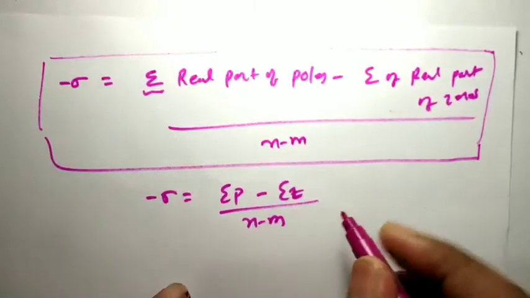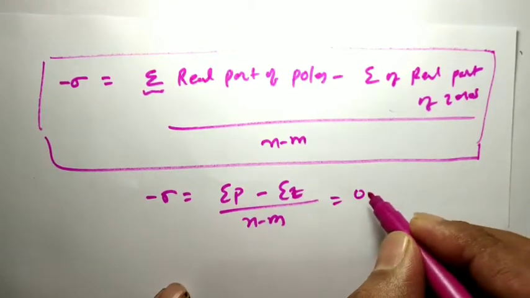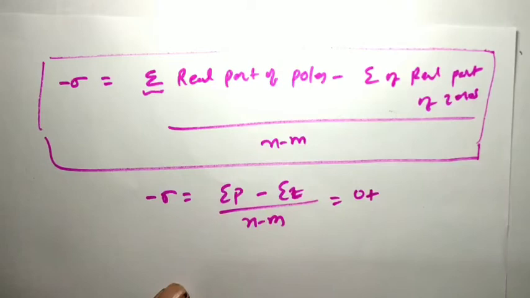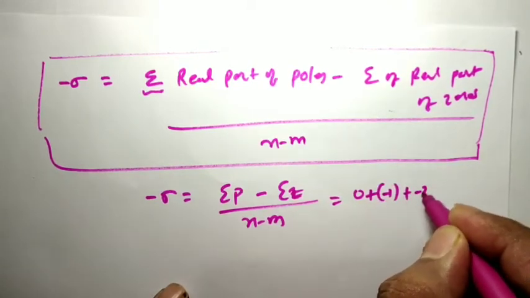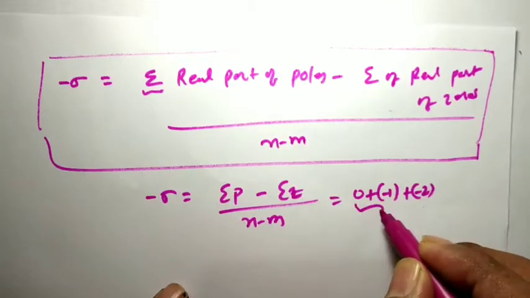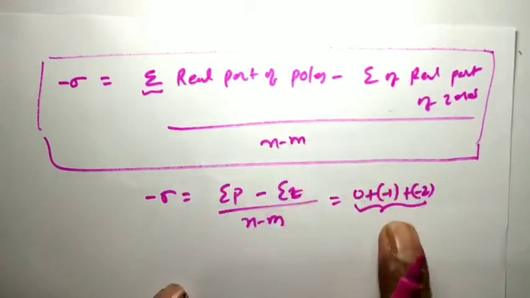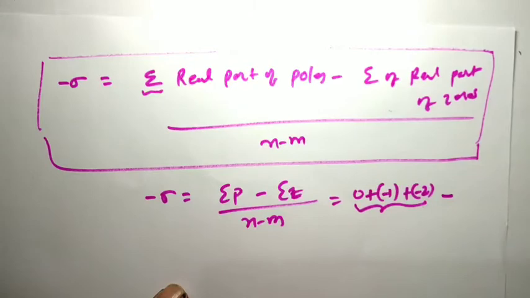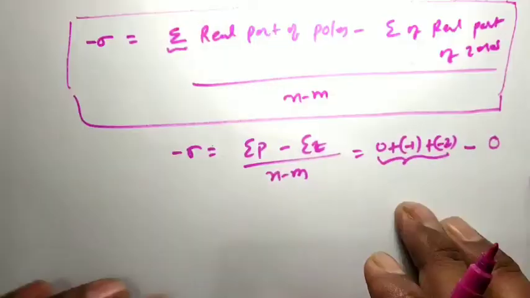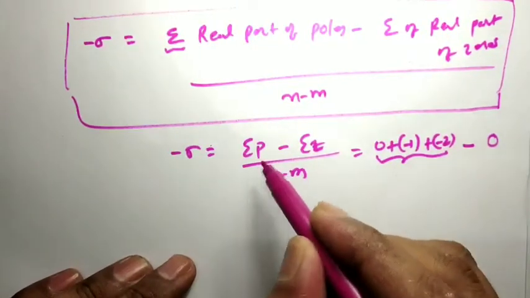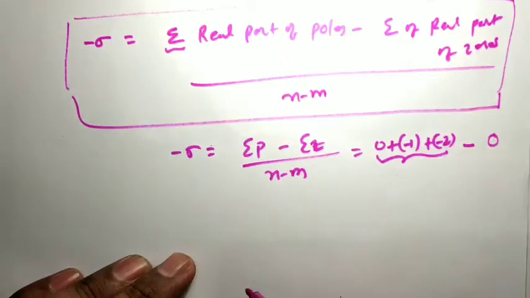Substitute here: first 0, plus minus 1, plus minus 2. This is the sum of the real part of poles, and the sum of the real part of zeros is zero.